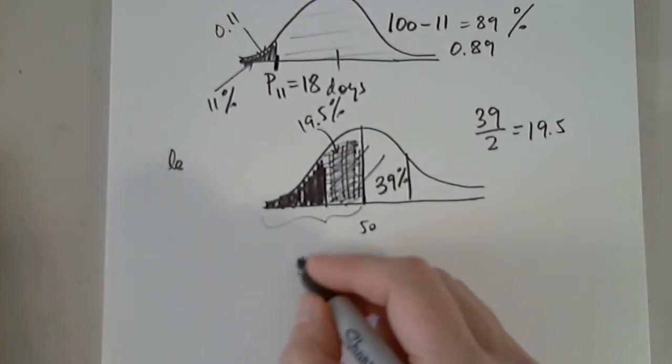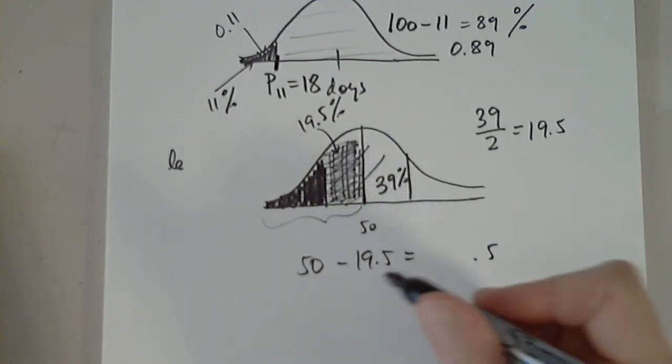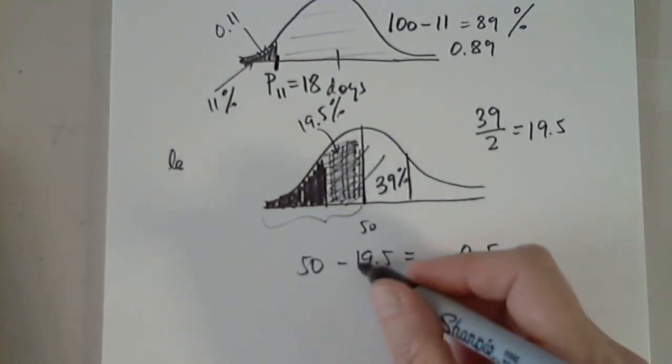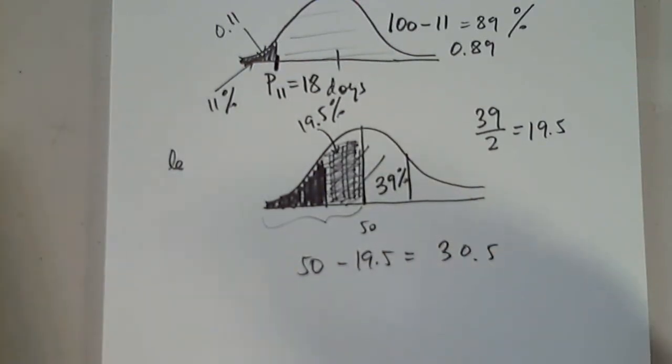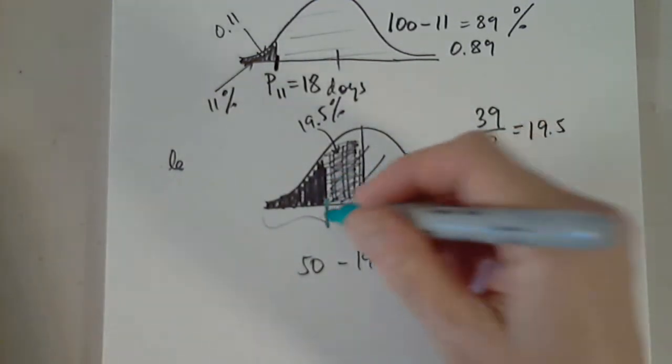Okay, so 50 minus 19.5 is 30.5. So that's the area I would put in an INV norm, because we are asked to find this and this.